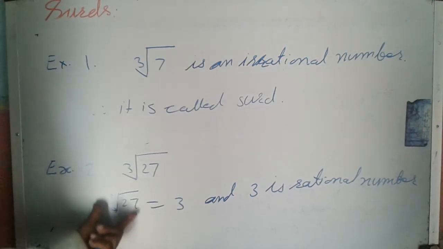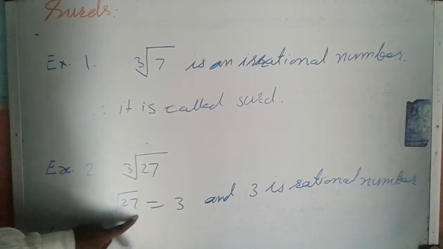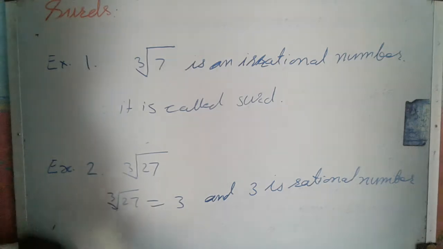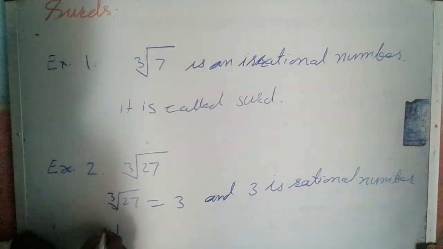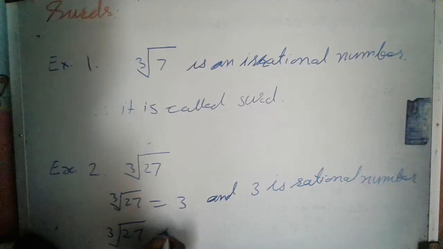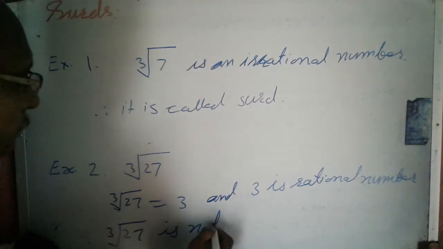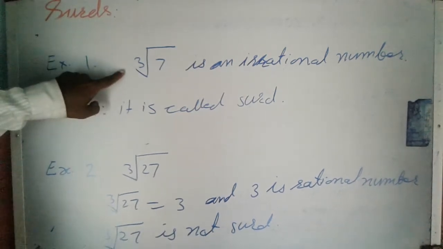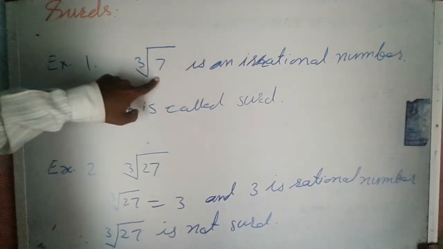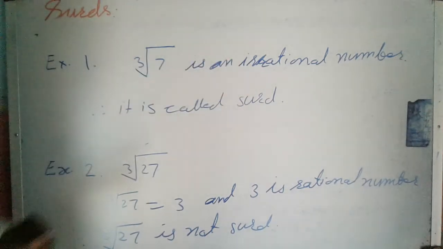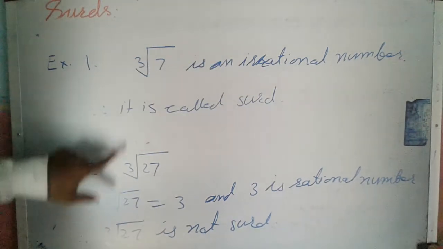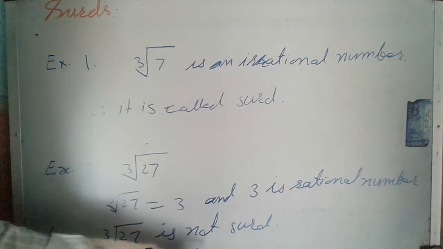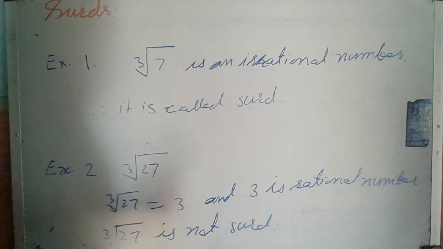That means the cube root of 27 is a rational number, so it is not a surd. But the cube root of 7 is an irrational number, therefore it is a surd.